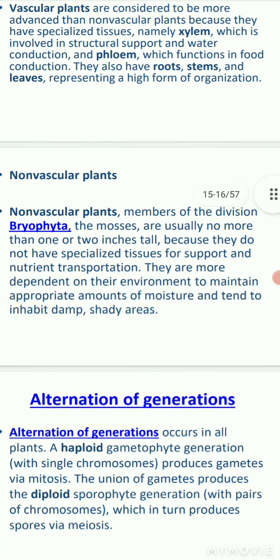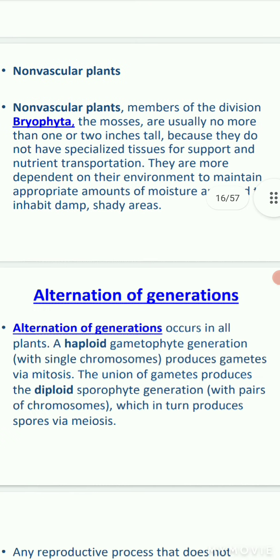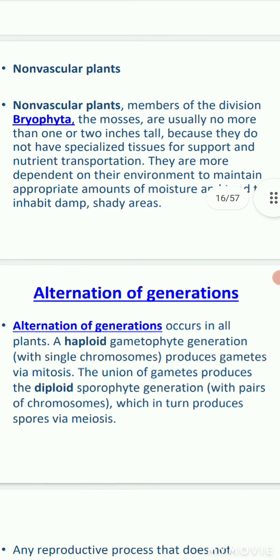Then we come to their life cycles. These life cycles are also termed alternation of generation. So what is meant by alternation of generation? It occurs in all plants.